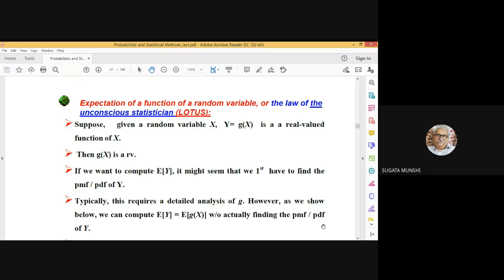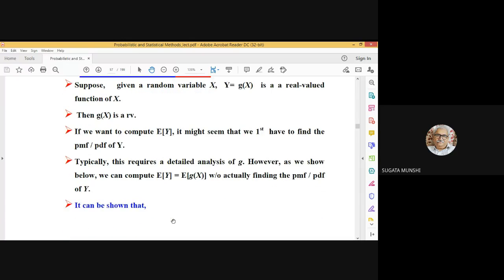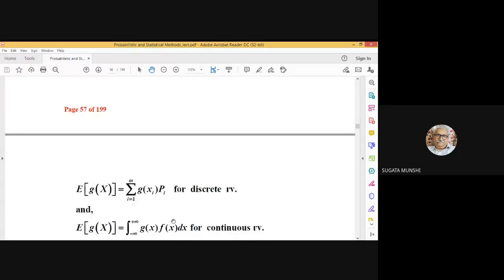But you need not take the pain of finding out the density function of g(x). Without even finding out the density function of g(x), you can find out its expectation. That detailed analysis is not required.